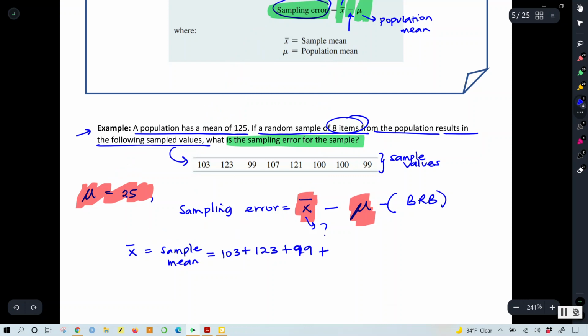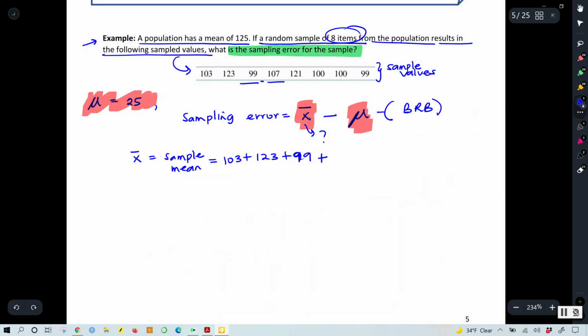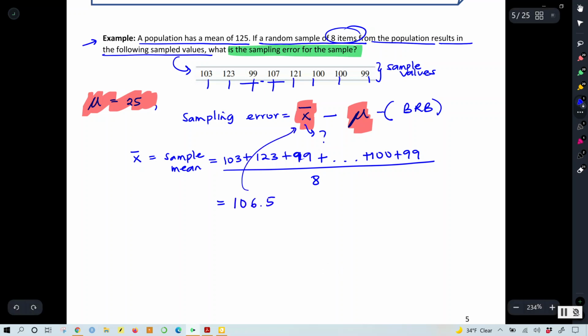I will add up all of these numbers, 99, 107, as far as 100, then 99, all divided by 8, since there are 1, 2, 3, 4, 5, 6, 7, 8 numbers. So if I sum up all of these numbers and I divide by 8, I will have 106.5. This is the estimated mean, or the sample mean, based on the sample data.